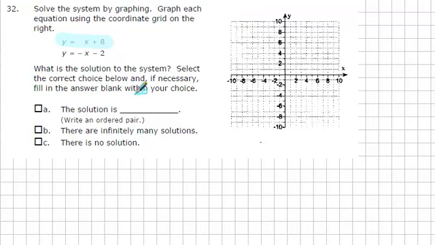So one technique would be to just make a small table of values. So we'll pick some x values and then determine the corresponding y values.